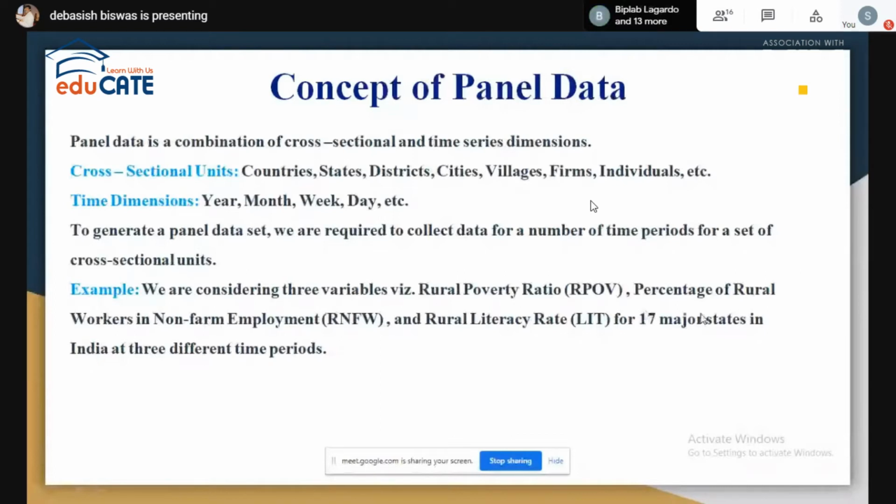Here the major states, and we are considering 3 time periods, more than one time period, and we are going to observe these variables.